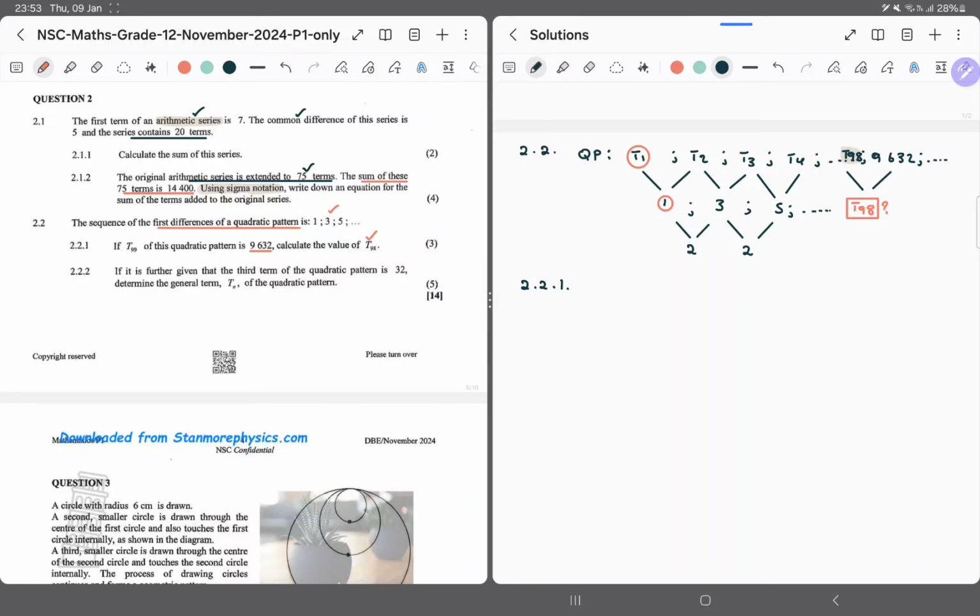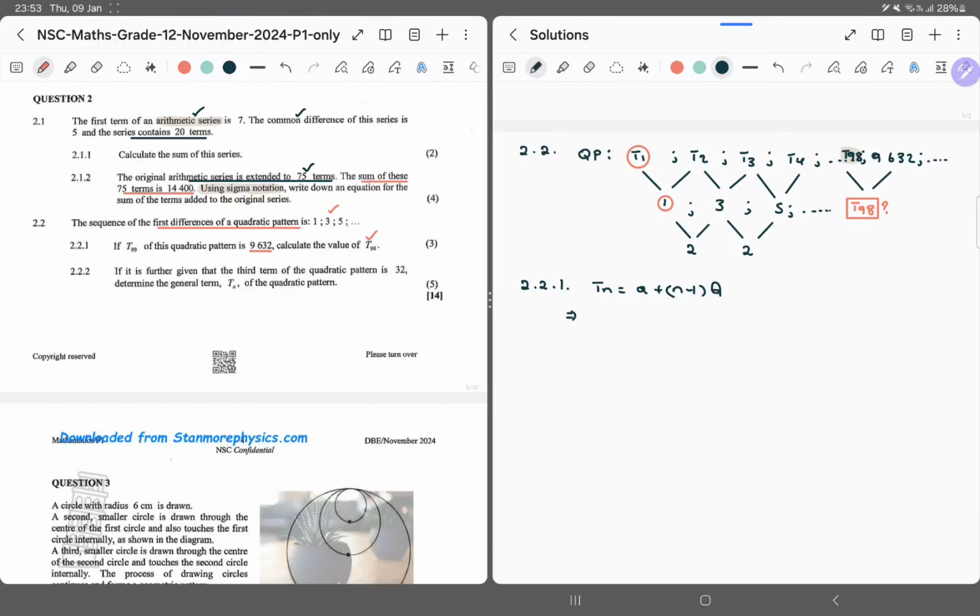2.2.1. Now we first need the Tn, which is T98 of the arithmetic pattern, the sequence of the first differences. So we know that Tn is a plus n minus 1 times d.